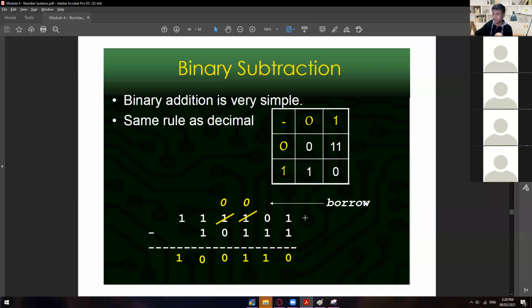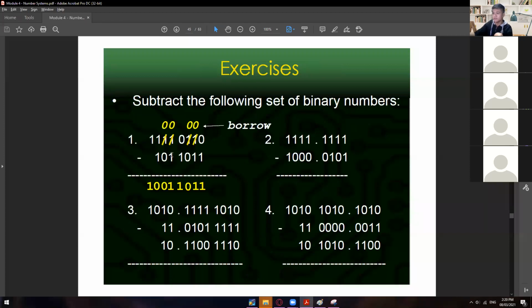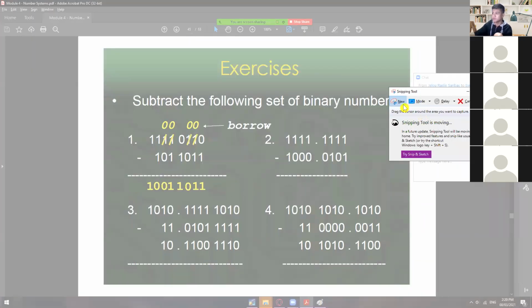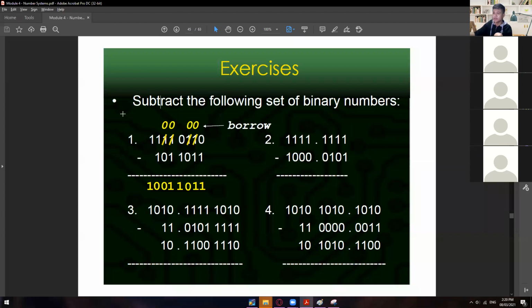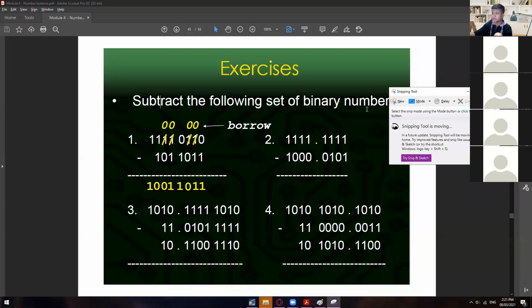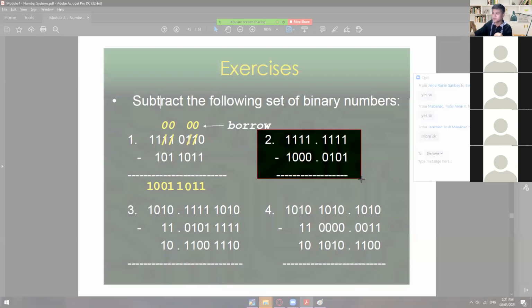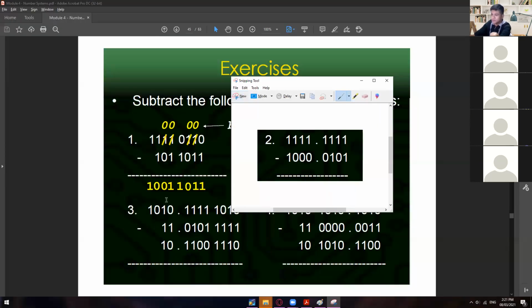Okay, so this is just for example number 1. So we have here examples 1, 2, 3, and 4. So let us see this one. So we will only answer 2 questions. So let's answer number 2. So I'll leave this part to you guys. So analyze this number 1.